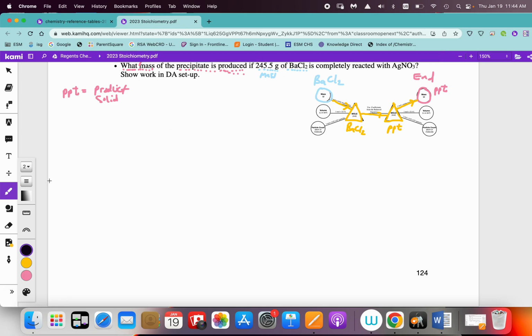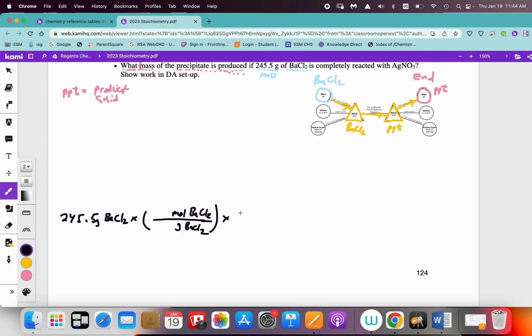I'm going to start off with my mass of 245.5 grams of barium chloride. The only thing I can change that into would be moles of barium chloride, and I want to be able to cancel out grams of the barium chloride.